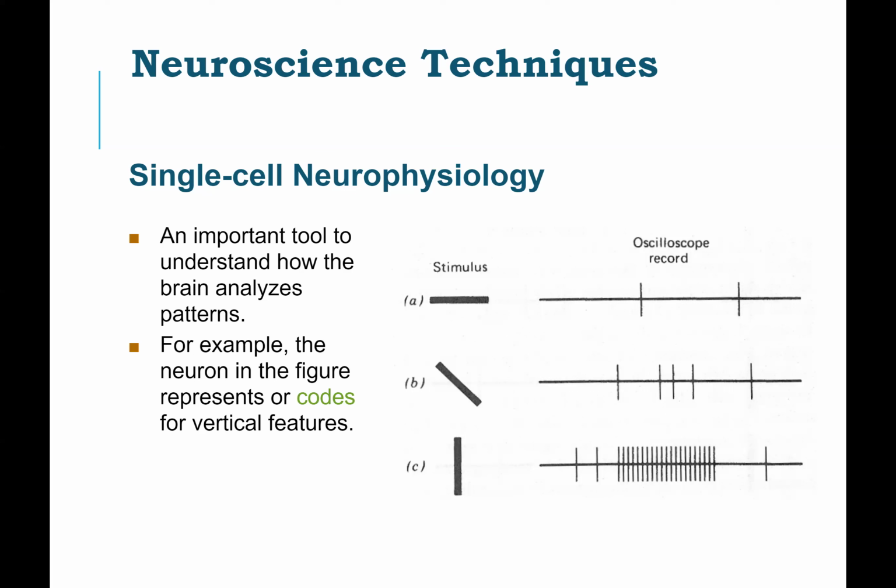If you find that input, you could say this cell codes for that, or this cell detects that. People use very different terminology to describe this, but they all mean the same thing: when this specific visual input is in its receptive field, the cell fires a lot. Maybe it's signaling to the rest of the brain that this thing exists. Every cell could be like a detector in that sense.